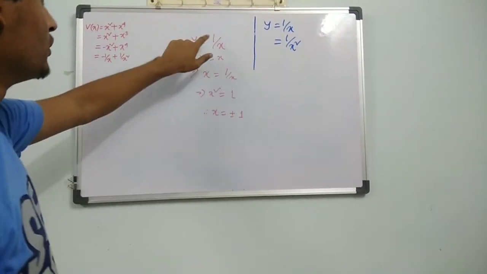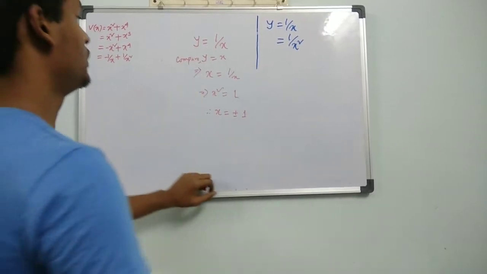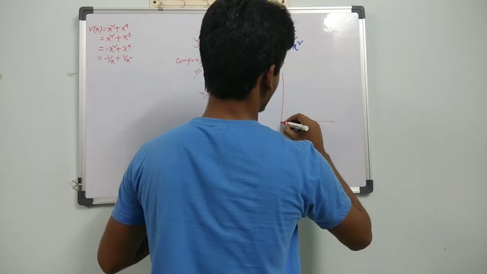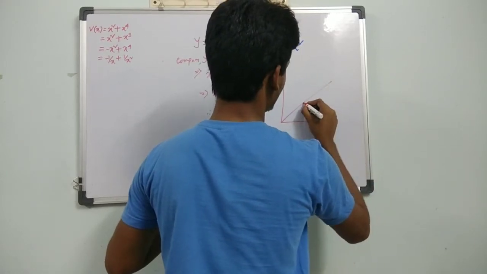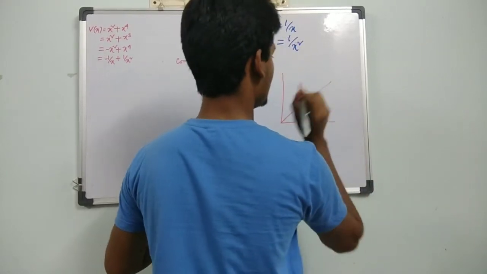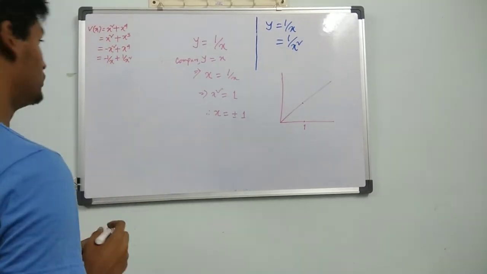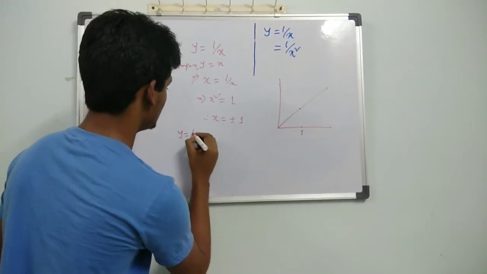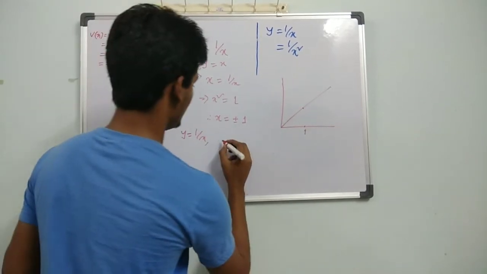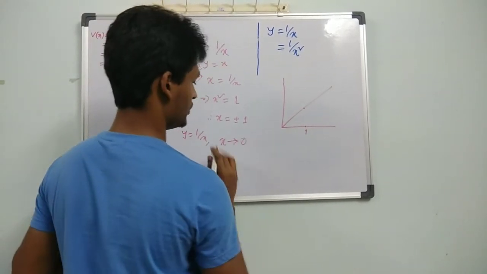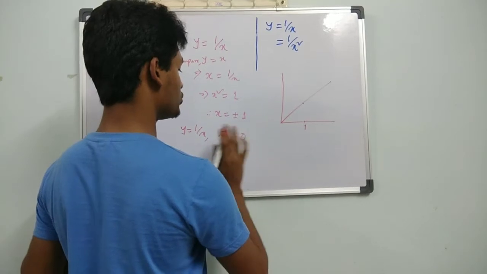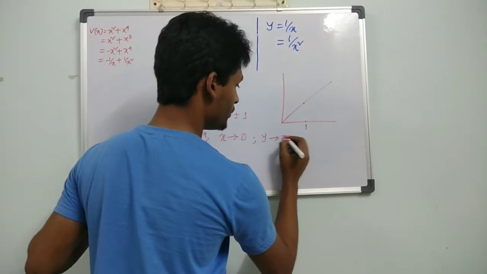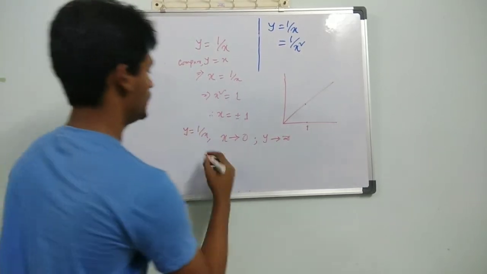So this will cut your y equals x at, if this is my 1, okay. Then here. Now you have to know 1, 2, 3. Your function is like this. So if your x goes to 0, then your y must go to infinity, because 1 by 0 is infinity.